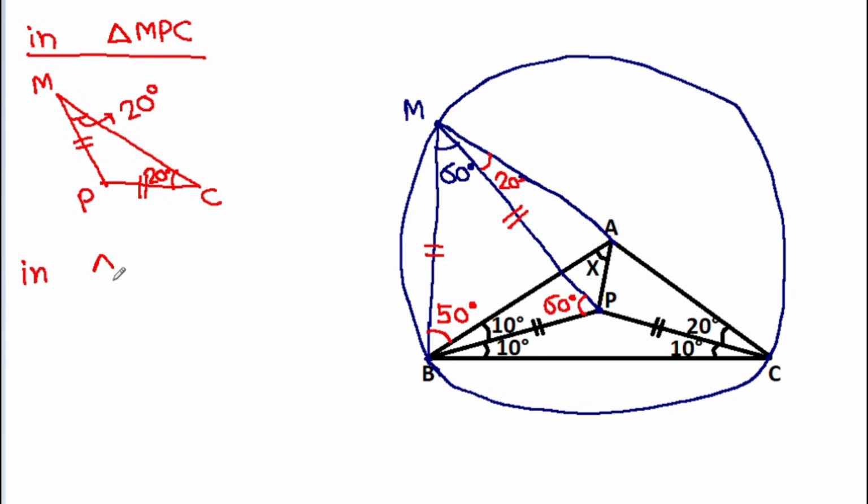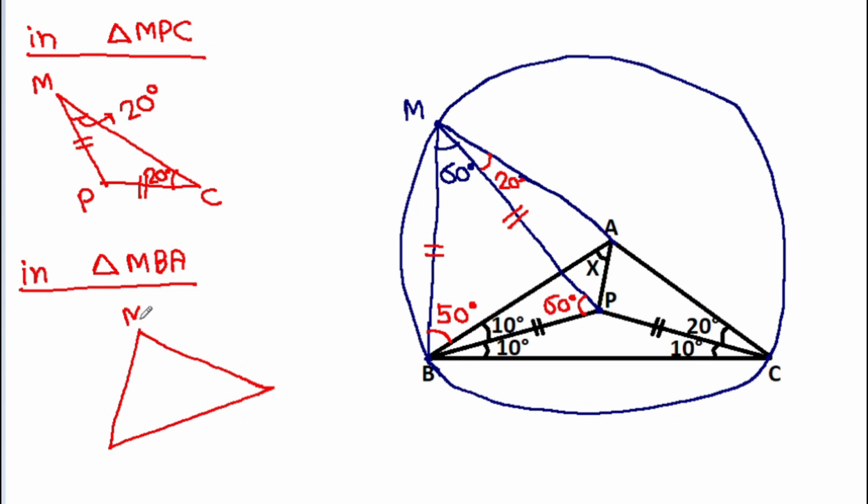And in triangle MBA, this angle is 60 plus 20, that will be 80 degrees. This angle is 50 degrees.